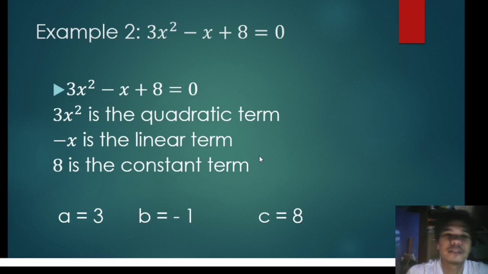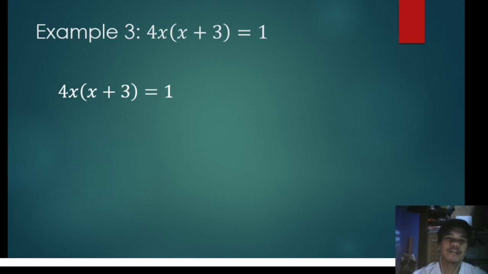Okay, so let us now proceed with the third example. In the third example, we are given 4x quantity x plus 3 quantity equal to 1. Example number 3 is also a quadratic equation. However, this equation is not written in standard form.